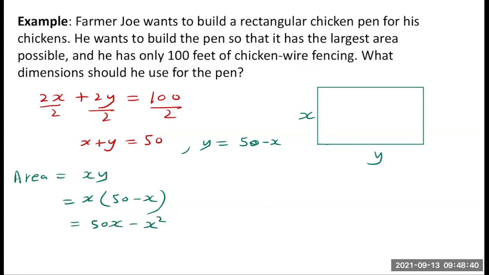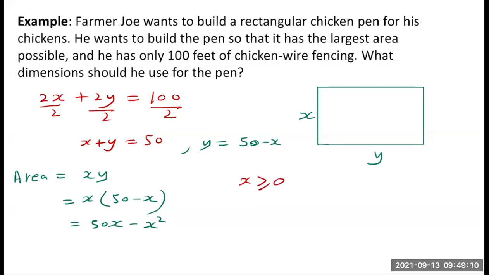Now the next thing that we need to figure out is what domain we should use to maximize this area. Domain means in what x value range are we going to maximize this function? Well, to figure that out, notice that x is the width of your rectangular chicken pen. That means x has to be greater than or equal to 0, right? If it is the length, it has to be greater than or equal to 0.